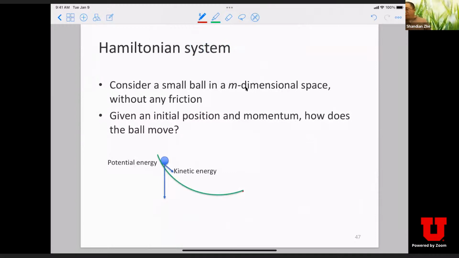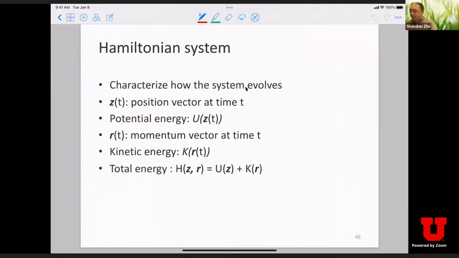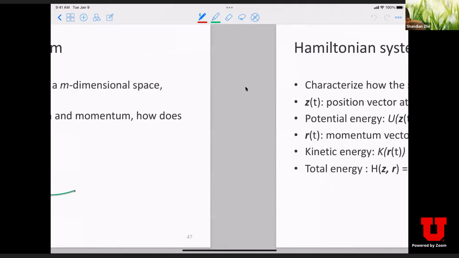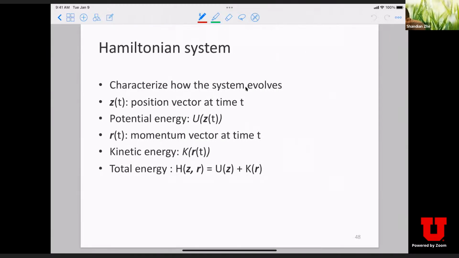Okay, we're going to first look at the property of this Hamiltonian system. We want to characterize how this system evolves. To this end, we want to identify the state of this small ball. The state consists of two items: one is the position of the ball, and one is the momentum of the ball.